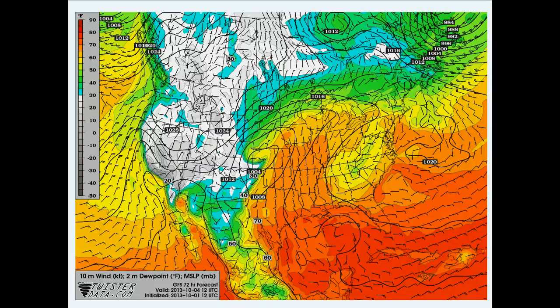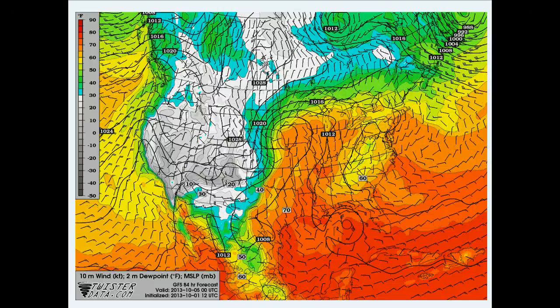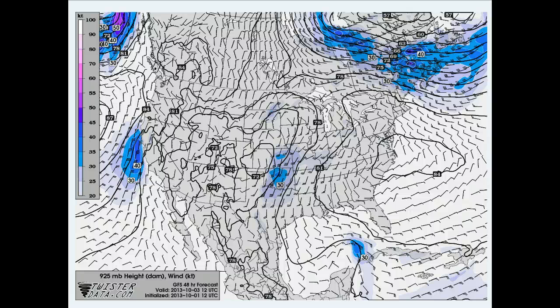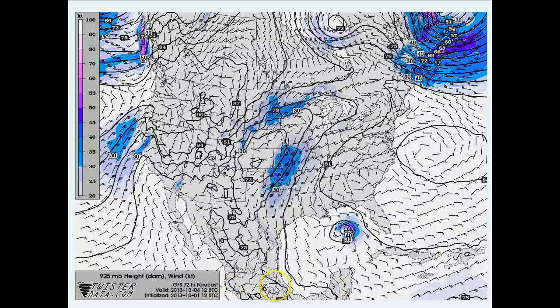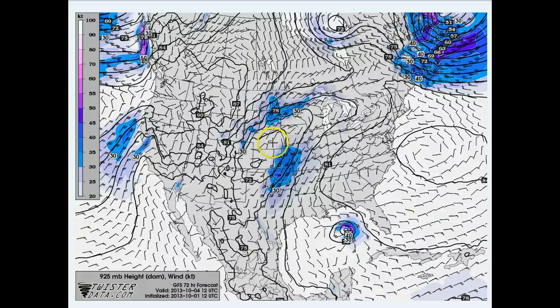This will be 12Z Friday, and here's 0Z Saturday. Low-level jet still very strong, coming in at 925 millibars. So I still think that we are looking at the potential for severe weather in this particular area here. In this region here, I think we could be looking at some severe weather in particular as this system is coming out.